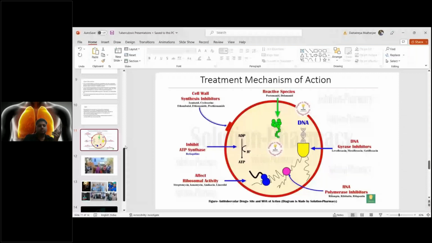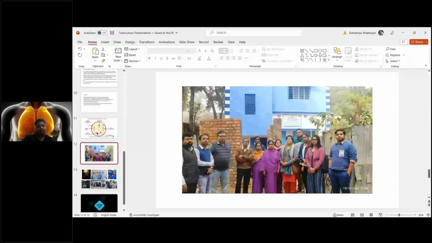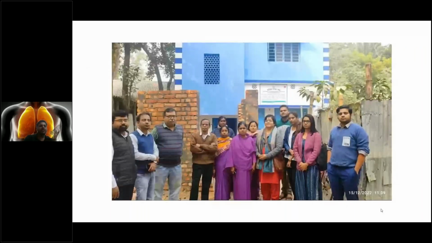Next is the family program that we usually do. This is from our PSM department, or community medicine department. We went to a village for the family programs to see the health status of the families. This is part of the rural project of the government of India.